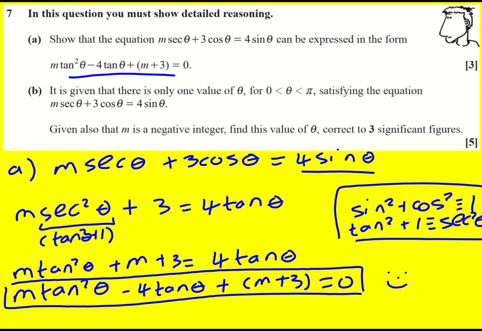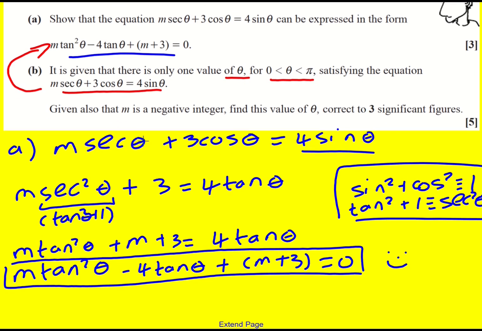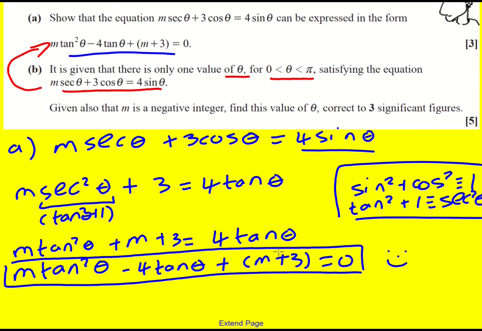It's now given that there's only one value of theta in this interval that satisfies this equation, which remember we can turn into this equation. And given also that m is a negative integer, we're asked to find this value of theta correct to 3 significant figures.